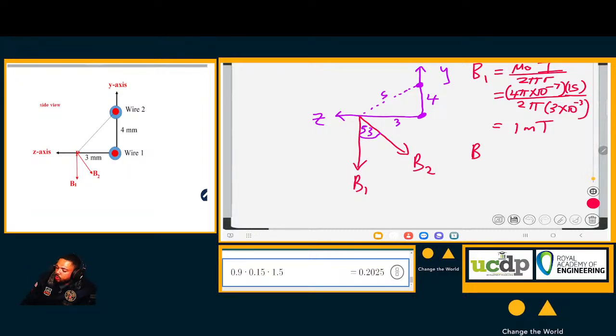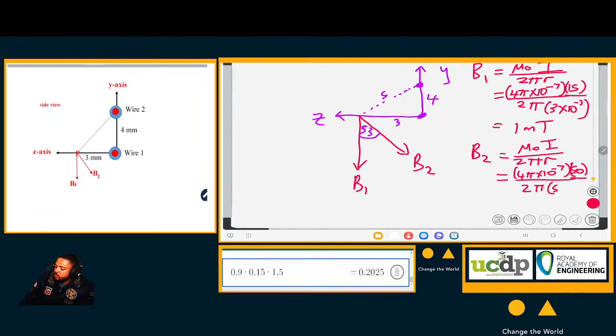Now for B2, B1 is 1 millitesla and B2, if we do the exact same calculation, is mu naught times I over 2 pi R. Mu naught is 4 pi times 10 to the negative 7, then the current is 50, then we have 2 pi.